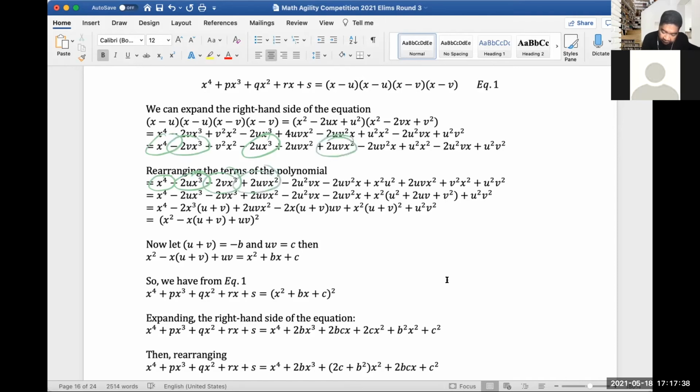Minus 2u squared vx, which is this, minus 2uv squared x, which is this, plus x squared u squared, where's that? Yeah, so I just interchanged the variable here, and then plus 2uvx squared, so here, and then v squared x squared here, and the last would be u squared v squared.